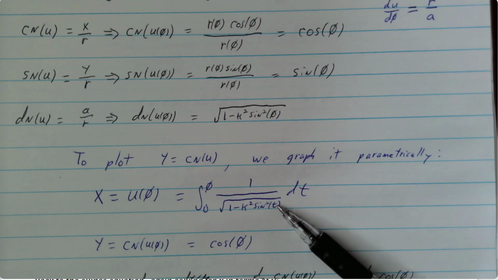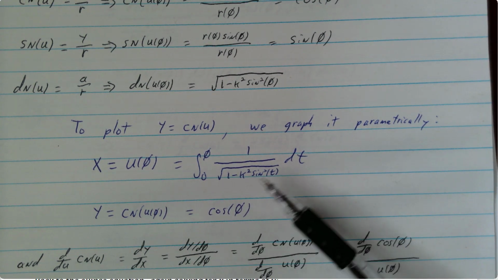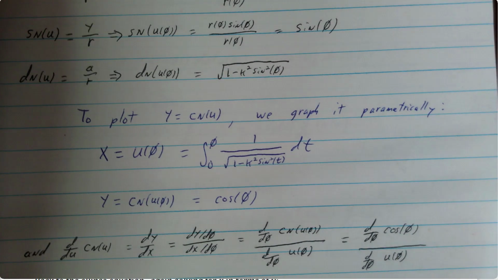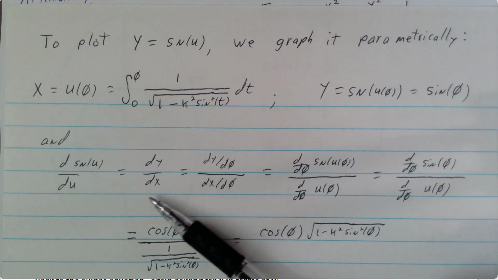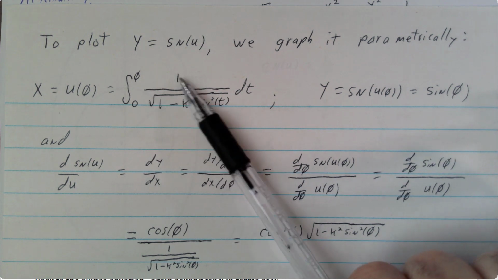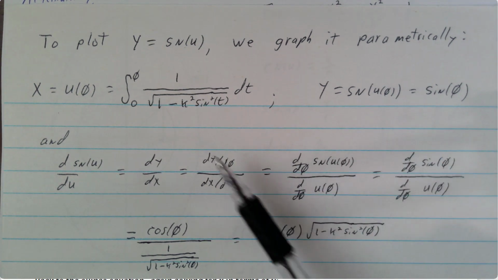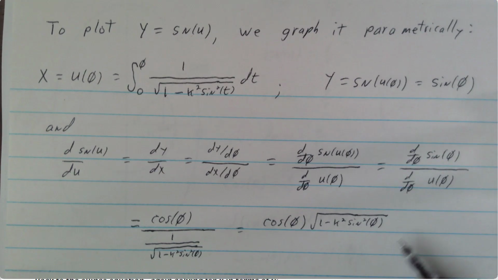And then if I want to plot, I have to plot x is u and y is cosine phi. So I would get the derivatives the exact same way as before. If you're graphing y equals sn u, graph y equals sine phi, x equals u, and then find dy dx.